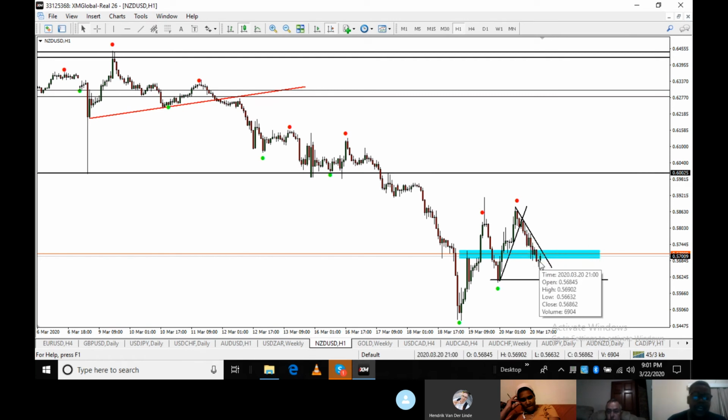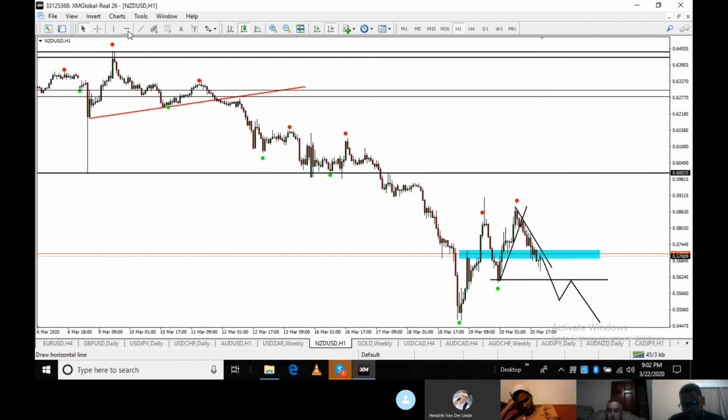So for me, it would be sensible to wait for price. If I want to sell further, I would wait for price to move down, then up again to retest this low, and then down to retest that support.